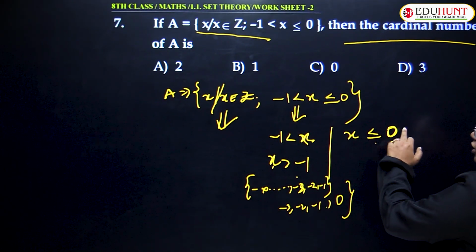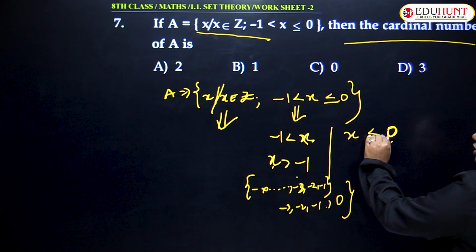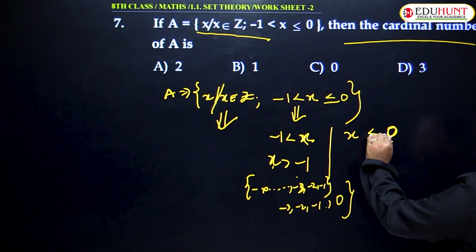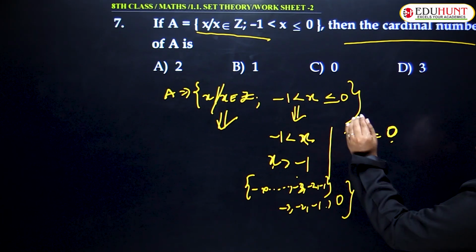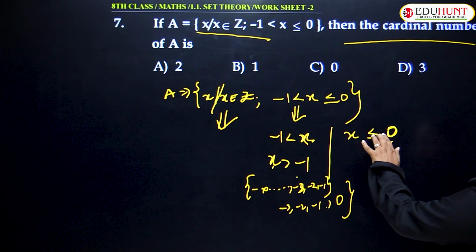x less than or equal to 0: x less than 0 means -1, -2, -3, -4. All these are numbers in the second set.